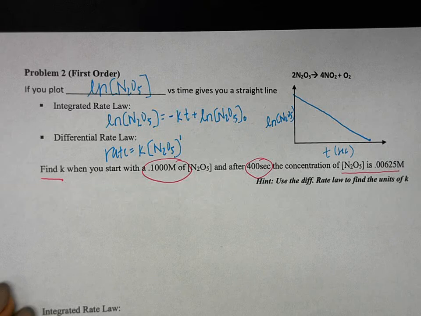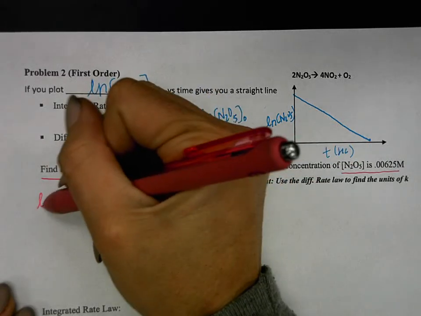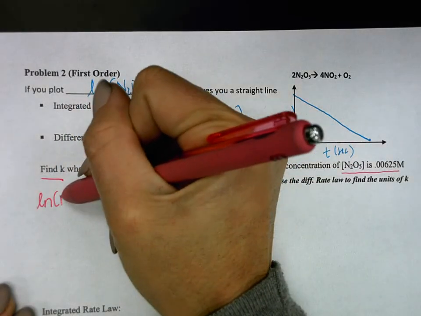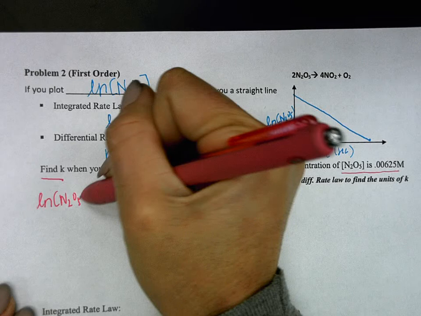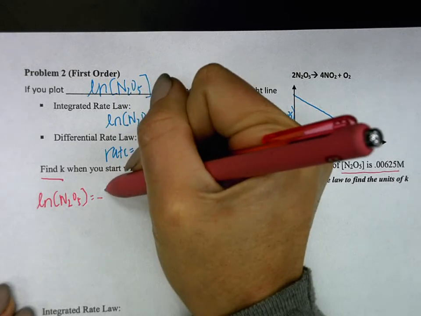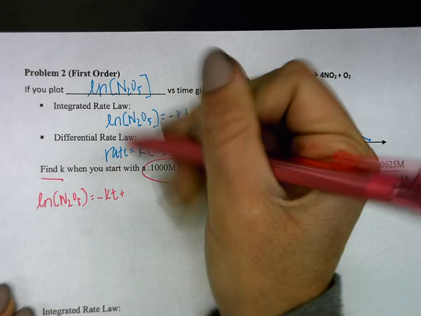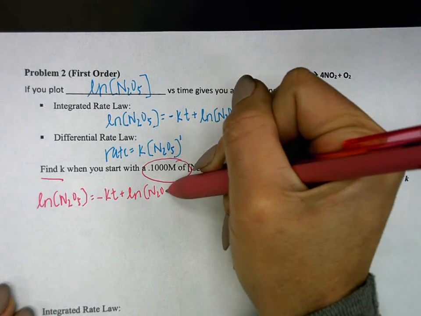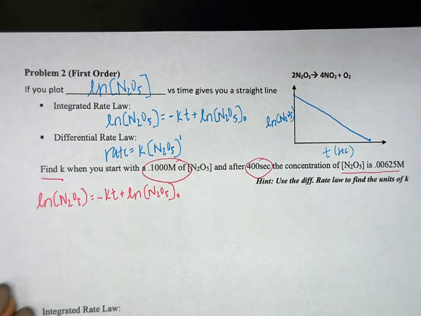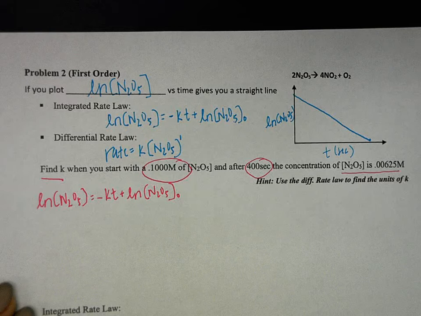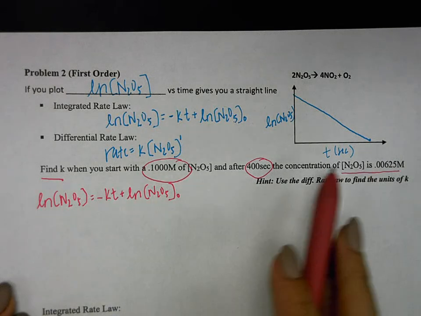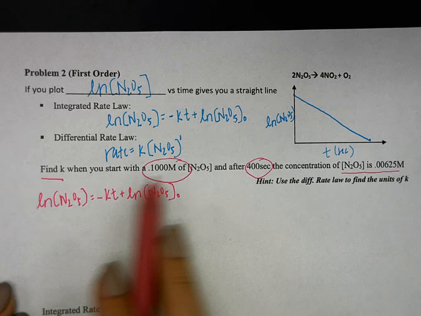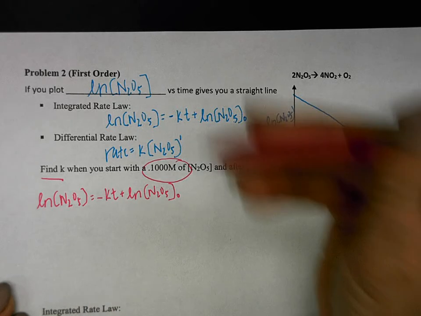Okay, we're going to use our integrated rate law. So the Ln of our concentration of N2O5 equals negative k times time plus the Ln of N2O5, the initial concentration. So we're going to plug in. They're giving us values. They're saying we start with that, so that is going to be our initial.